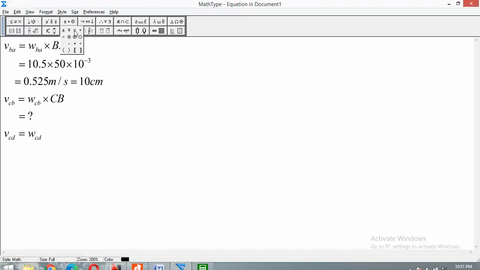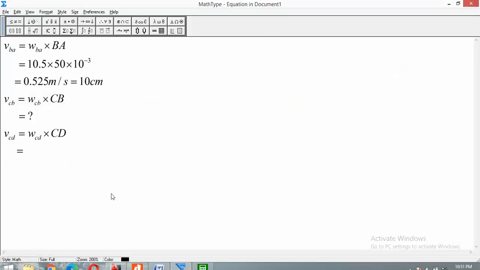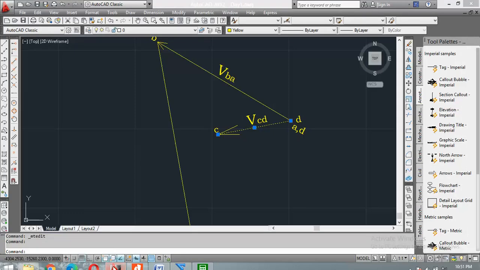So once again, what is omega CD, the angular velocity of the CD link? The angular velocity of the CD link is not given in the question, so the same problem arises. If the angular velocity of CD is not given, the linear velocity of CD cannot be found from the calculation.